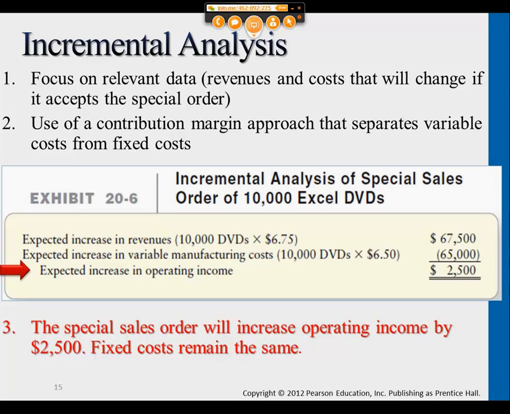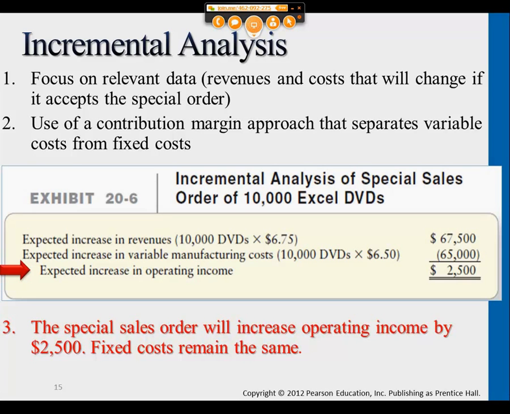Probably won't, because we have the capacity to produce those 10,000 DVDs. So in this case, it would not change. Think of it this way, we won't need to add any additional facility.